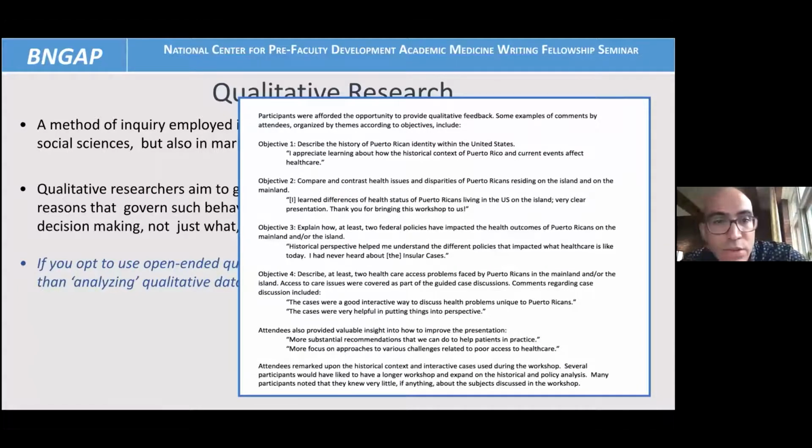So just illustrating that there was a positive experience by one of the participants in the workshop that linked directly back to objective 1. And as you could read all the way down, you'll see similar excerpts from different surveys included under each objective.